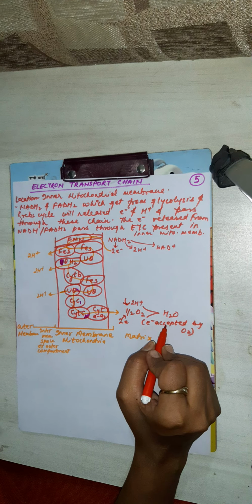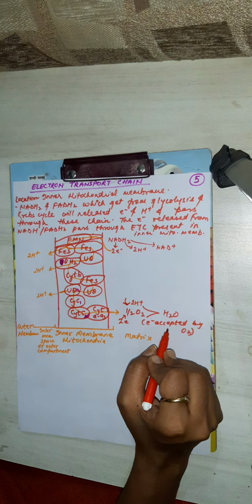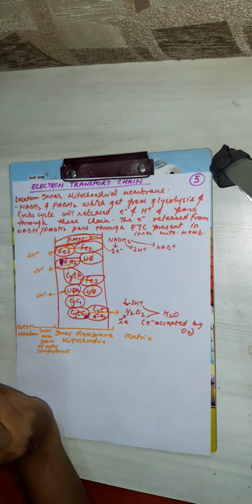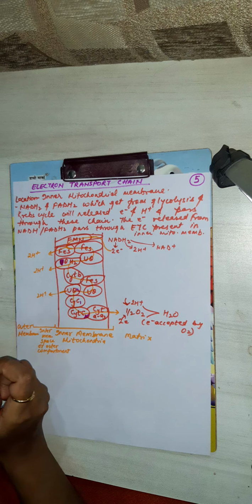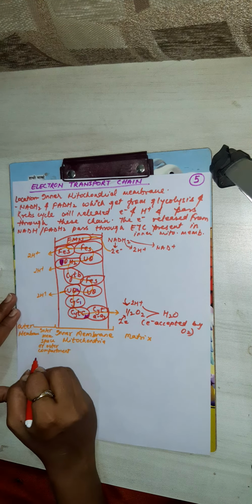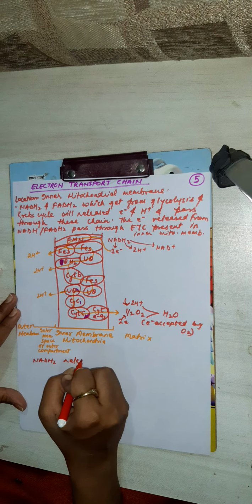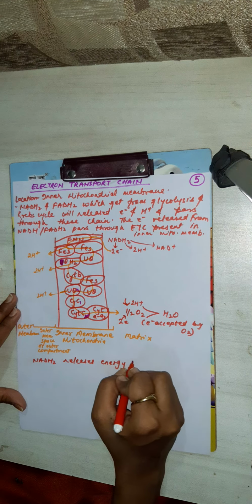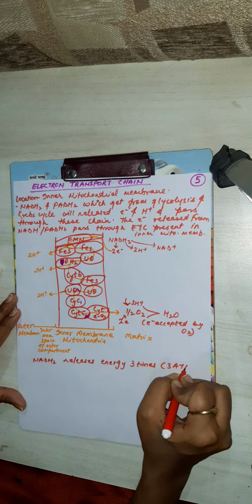And I have told you in the last topic, during glycolysis and the Krebs cycle, NADH2 releases energy 3 times, 1, 2, 3, which means 3 ATP. So it will release 3 ATP.